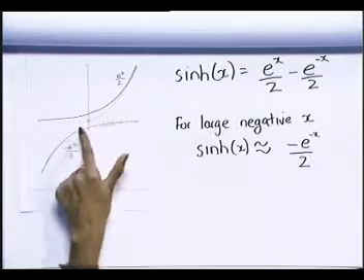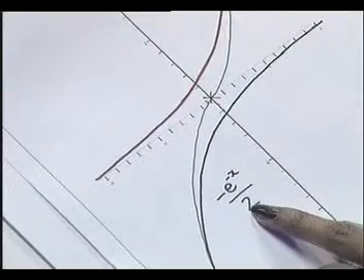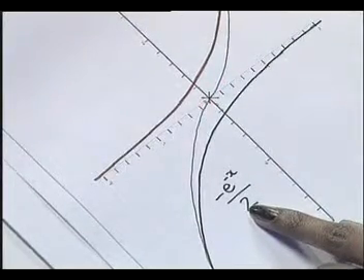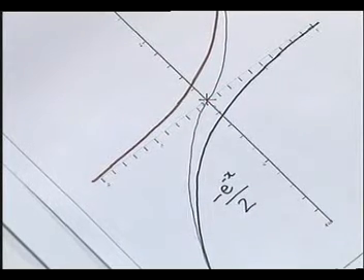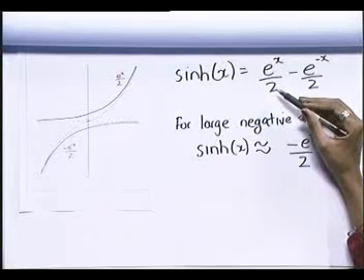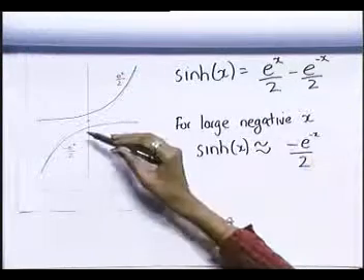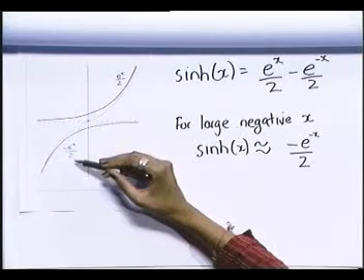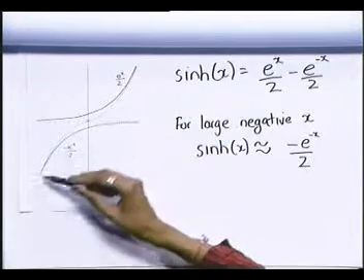Now again, the graph must stay above minus e to the minus x over 2, because e to the x over 2 is never 0, even though it gets very, very small. So that adds a bit on to minus e to the minus x over 2 and keeps the graph above it.